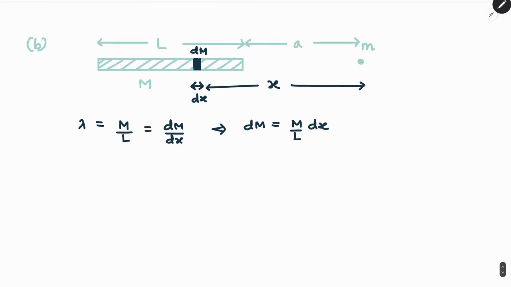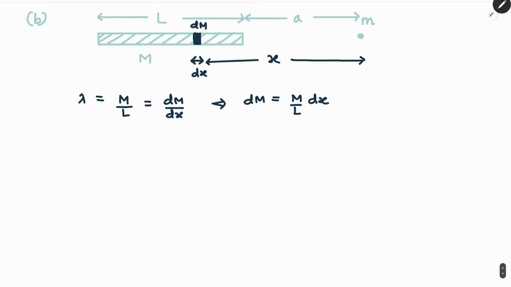Now if we write the potential energy due to interaction, then we can say dU equals minus G dm times small m by the separation between them, which is equal to x.